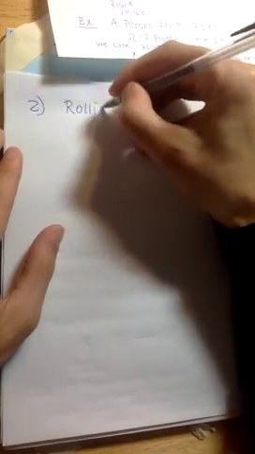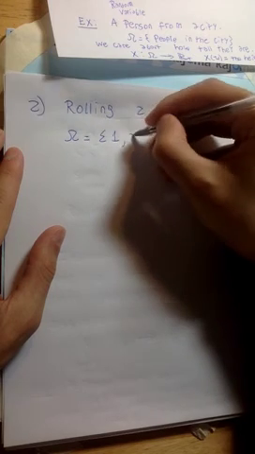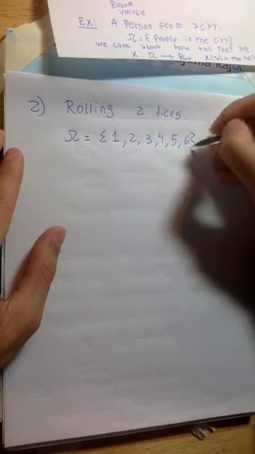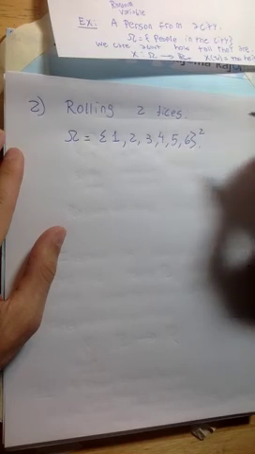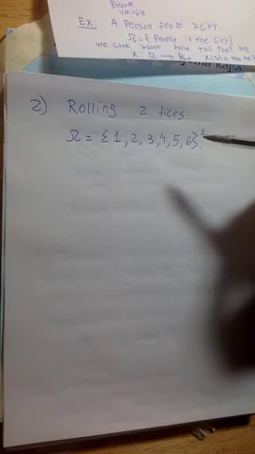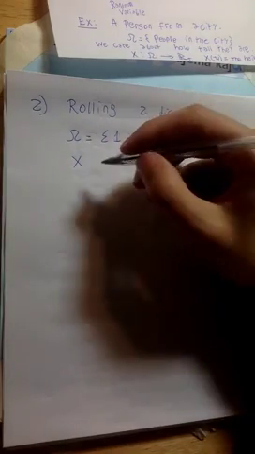Okay, so what's next? As another example, we could consider rolling two dice. Okay, so in this case, we would have the sample space to be {1, 2, 3, 4, 5, 6} squared. We are rolling two dice so we can get 1 through 6 on each of the dice. And we care about the random variable which is given by the sum of the two dice.